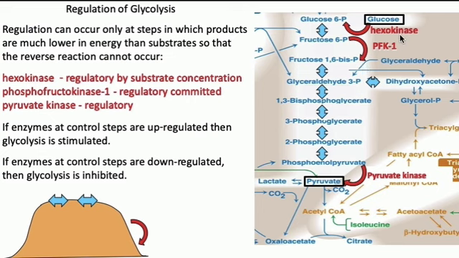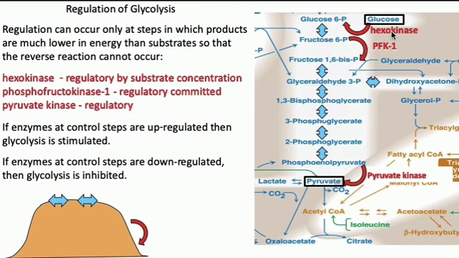So, for example, hexokinase in phosphorylating glucose to make glucose 6-phosphate is irreversible and regulatory. That is, glucose 6-phosphate is a substrate of glycolysis, so as it builds up, it will tend to be driven down the pathway. However, hexokinase is not the committed step to glycolysis because glucose 6-phosphate can also enter glycogen synthesis or the pentose phosphate pathway.